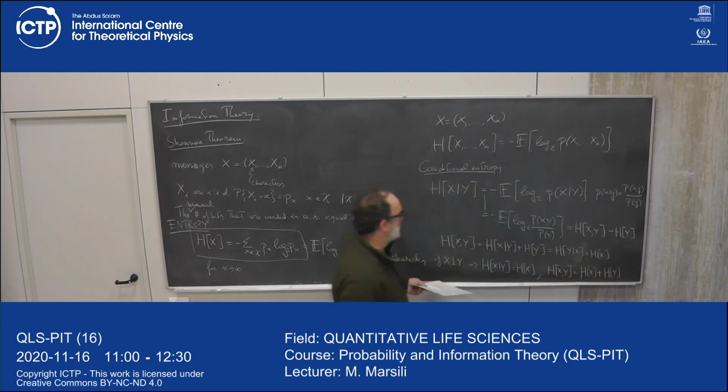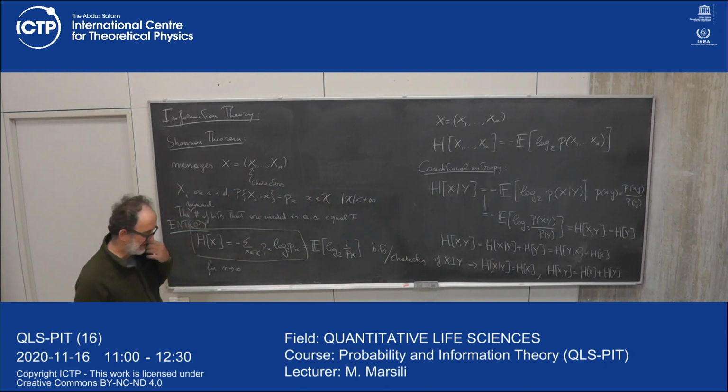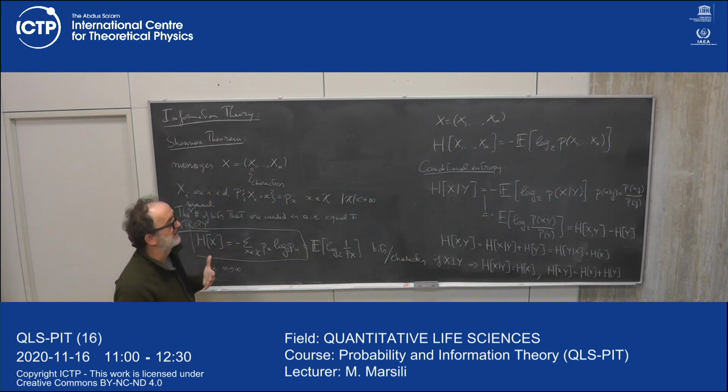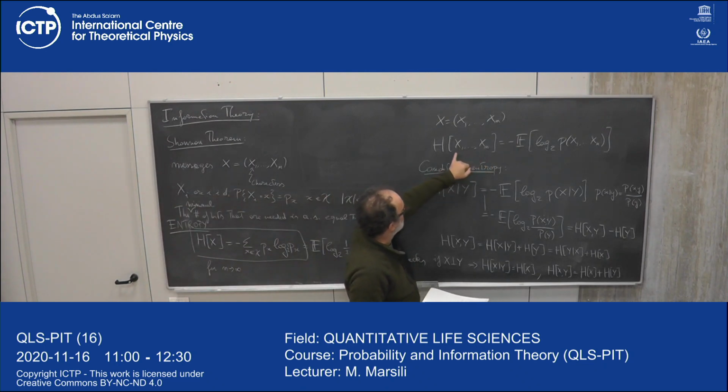So this, by the way, tells you that the state of maximal uncertainty about a certain set of random variables x1, ..., xn is the one where these random variables are independent of each other.